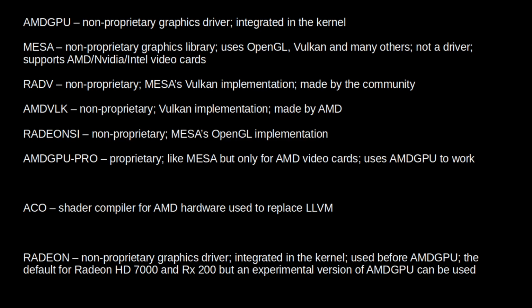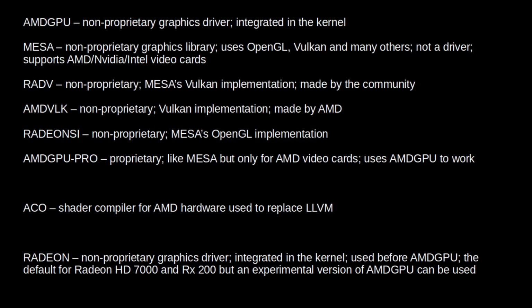And just for reference, if you happen to use the older kernel driver instead of AMDGPU, you might see Radeon. Radeon is the non-proprietary graphics driver integrated in the kernel used before AMDGPU. It's the default for Radeon HD 7000 and RX 200, but an experimental version of AMDGPU can be used for those two.